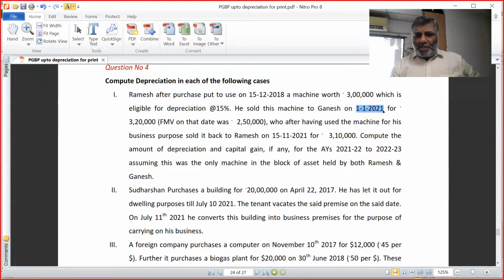He is transferring it to Ganesh on 1/1/21. Transferred in the financial year 2021. Reacquired the machine in financial year 21/22. This is from Ramesh's perspective. From Ganesh's perspective, he purchased a second-hand machinery, which later he transferred.